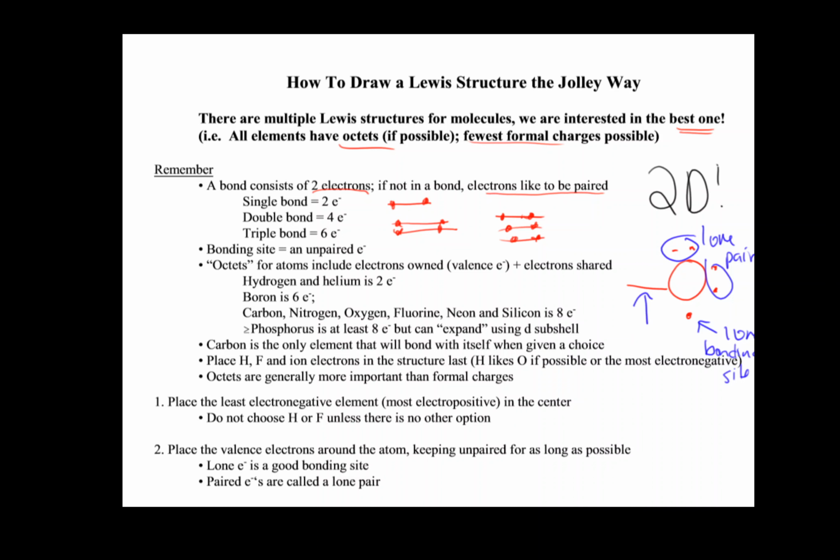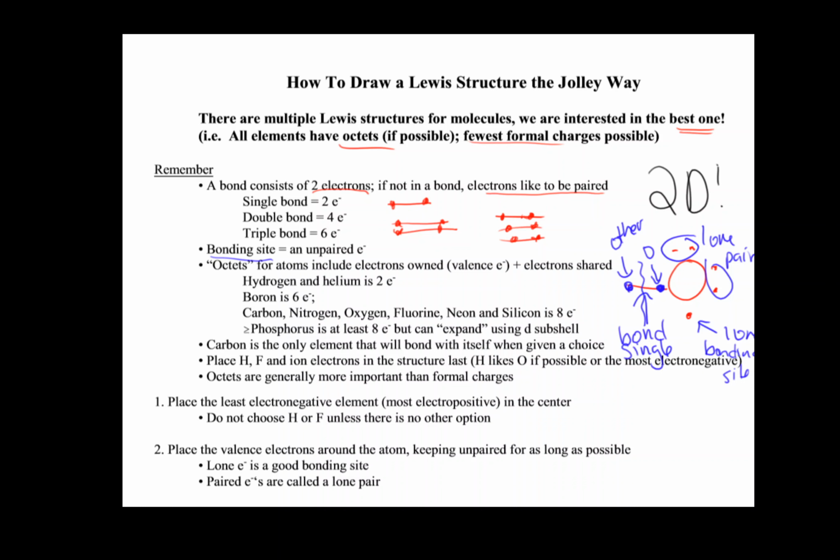And this would be a bond, specifically a covalent bond, and because there's only 1 line, it would be a single, and so it is representing 2 electrons. And then if you split that bond in half, this one belongs to oxygen, and this one belongs to the other atom. All right, so a bonding site, again, is this loner electron.